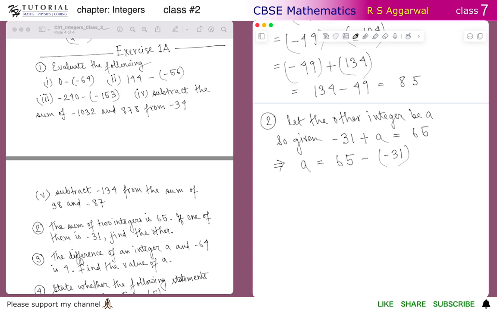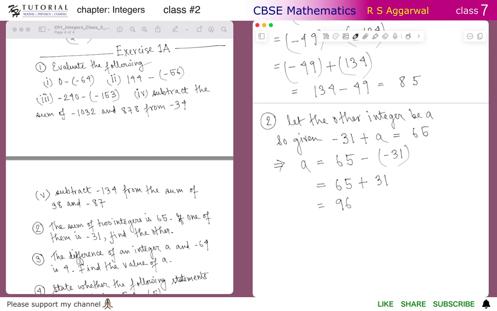So when you are adding a to minus 31, we are getting 65. So a will be 65 minus minus 31. Now this is again the subtraction of two integers, and this will be 65 plus the additive inverse of minus 31, which is 31. So this becomes 96. So the other number is 96.